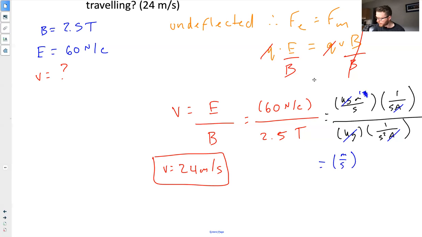So we have meters per second, and then we have 1 over seconds left. Oh, I should have had a squared there. That's why I'm off. Okay, so there's my meters per second, and then 1 divided by seconds squared is seconds squared over 1. So seconds squared will cancel, and then we're left with meters per second.